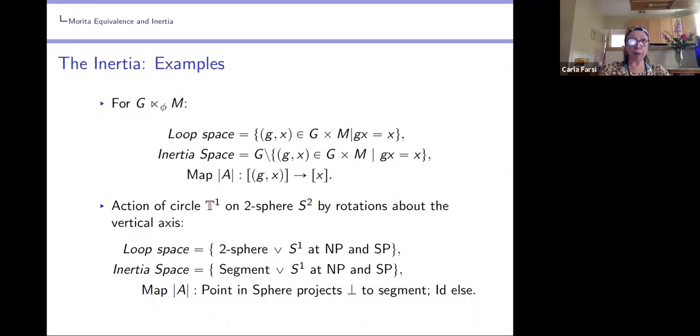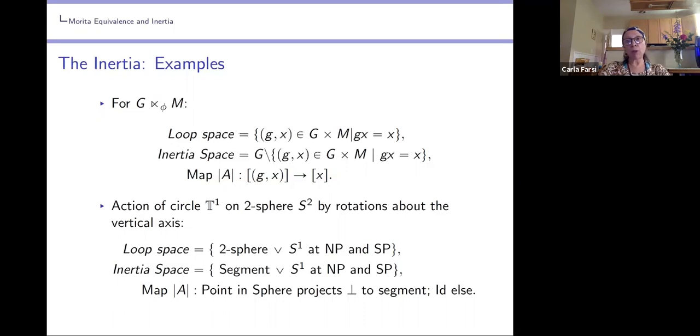For example, let's give a concrete example. If we take the action of the circle on the two-sphere by rotations about the vertical axis, then what's this loop space? Well, on most of the two-sphere, the isotropy is trivial, so you just get the two-sphere. And what happens at the North Pole and the South Pole?